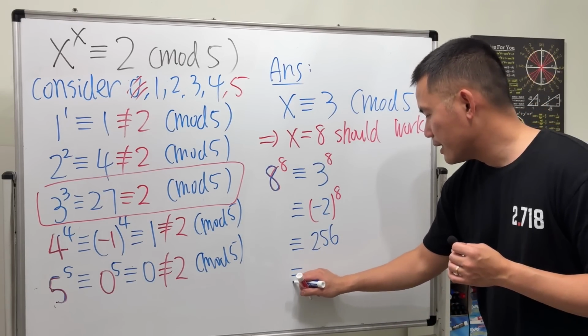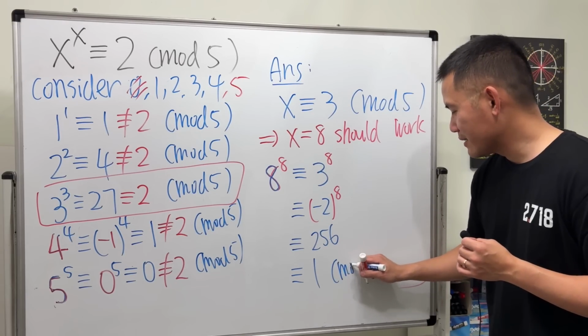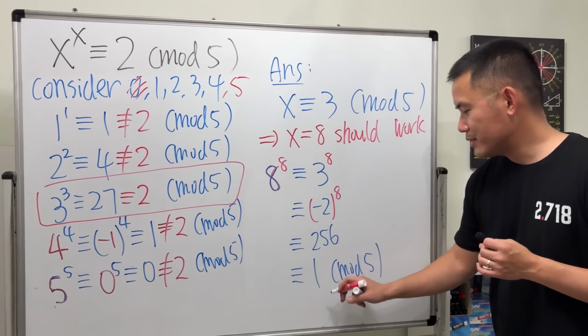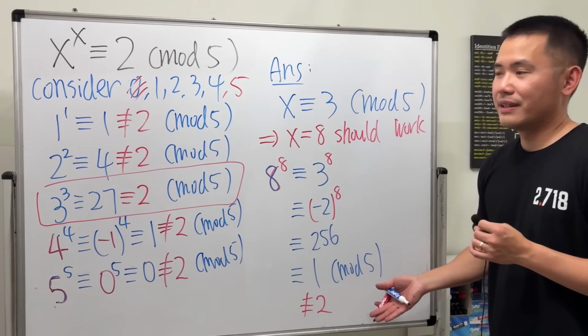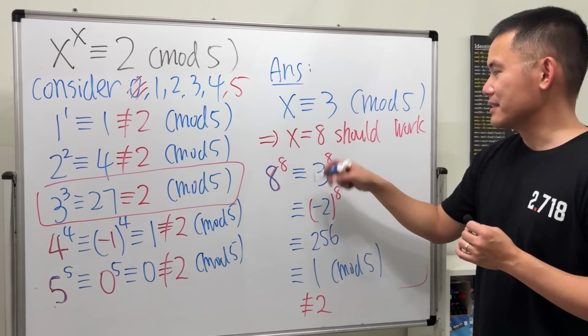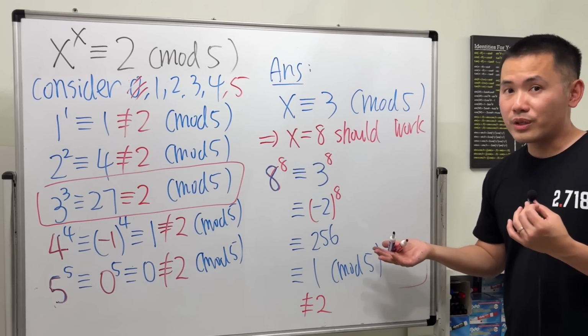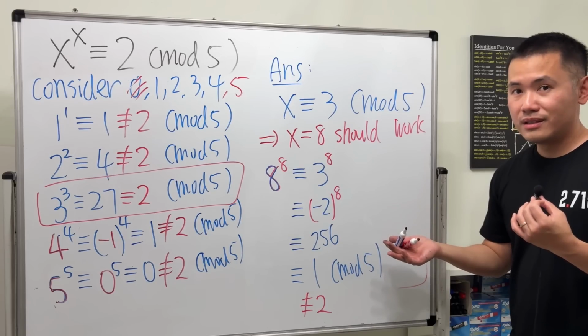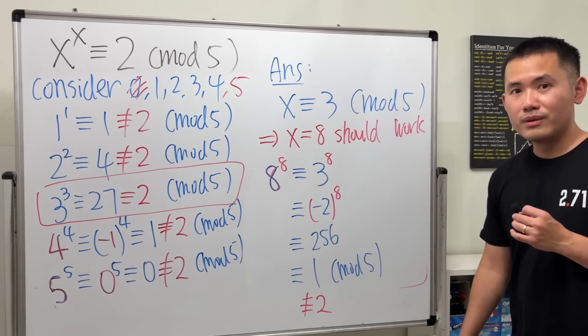And then look at the last digit. You get 1 mod 5. So as you can see, this is definitely not congruent to 2 mod 5. So in fact, 8 does not work. But if you write this down, you're implying 8 does work. So what do we do?